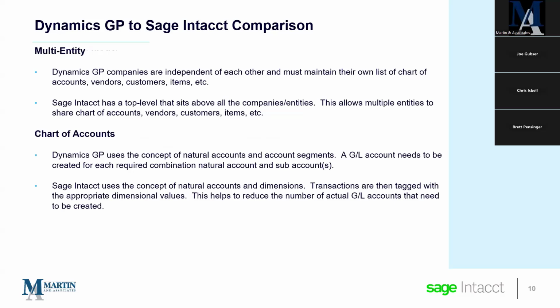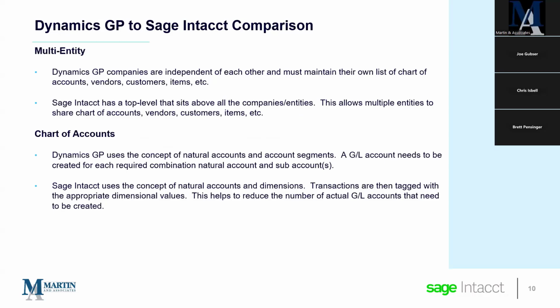Multi-entity is another big difference between the two. So they both are multi-entity. However, Dynamics GP companies are independent of each other. They're basically individual silos of data. So as a result, each company has to have its own chart of accounts, vendors, customers, items.